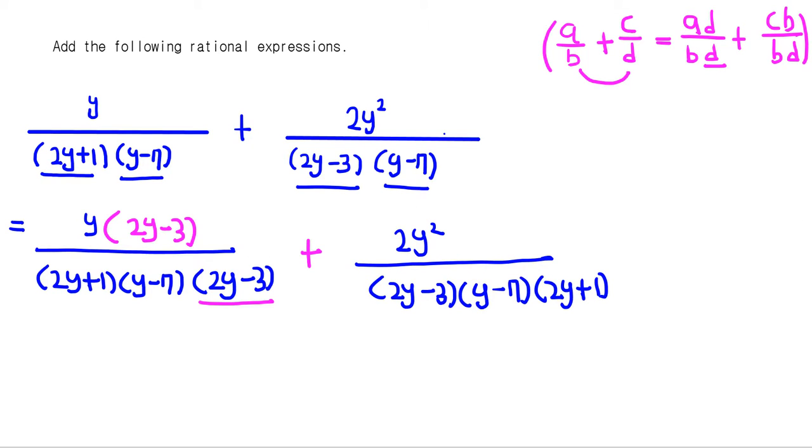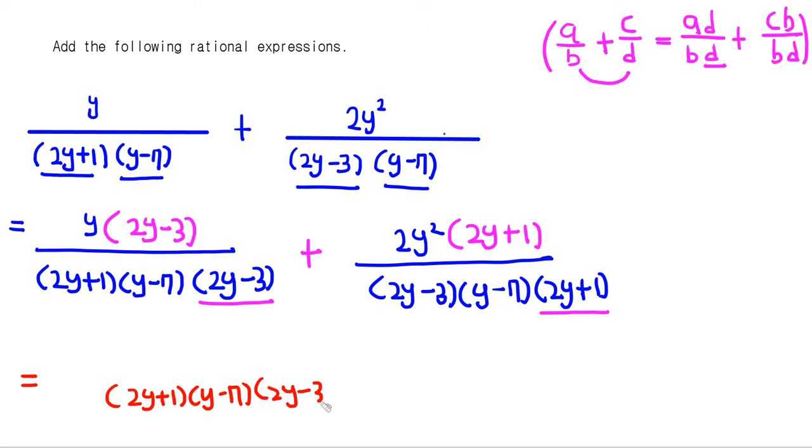Since we multiplied 2y plus 1 in the denominator, we also need to multiply 2y plus 1 in the numerator to give the equal fraction. So the denominator is just going to be 2y plus 1 times y minus 7 times 2y minus 3.